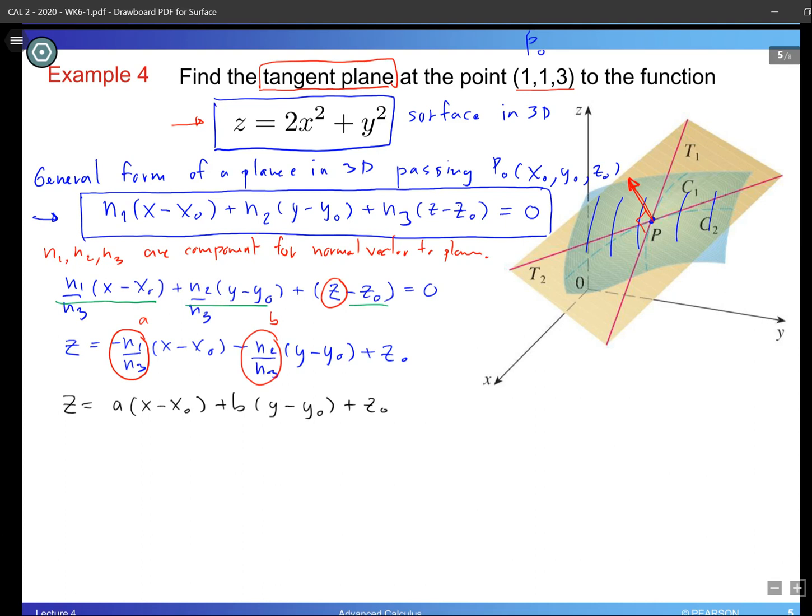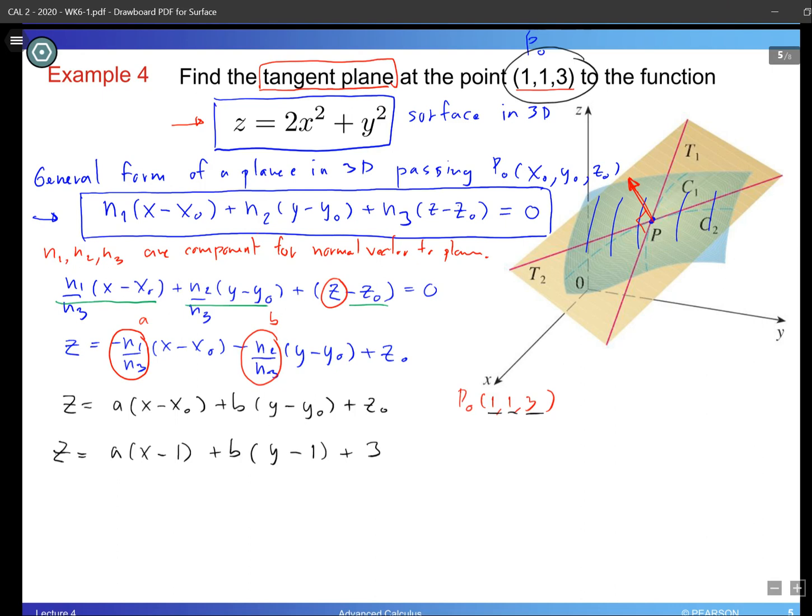Okay, at this point I am going to put this P0 into this equation. So I am going to put P0 of (1, 1, 3). So let's put it in and we get this. z equal to a(x minus x0), right here x0 is 1, plus b(y minus y0), here y0 is also 1, plus z0, equal to 3.